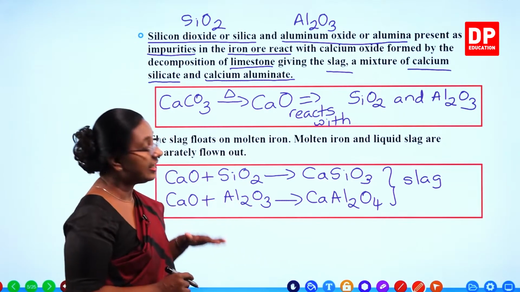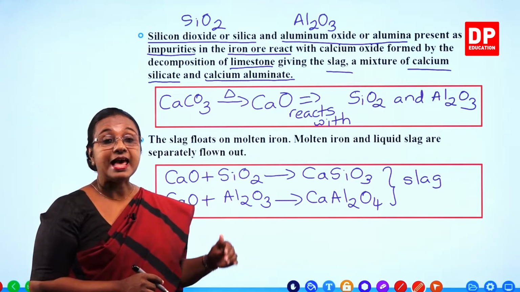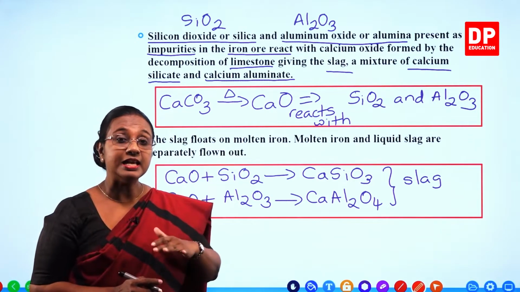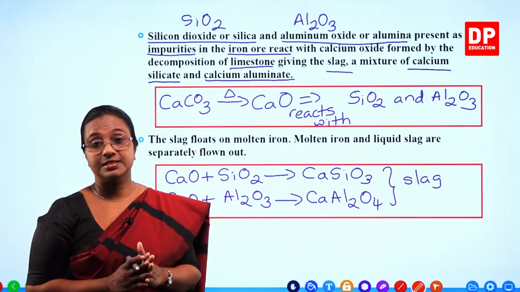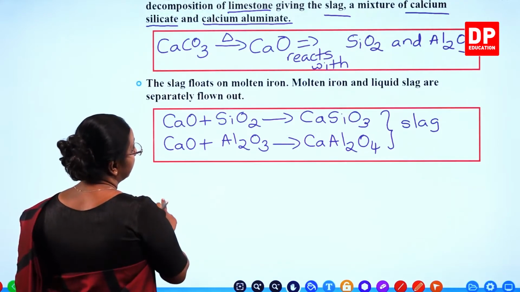And I have already explained the advantage of having slag. Slag prevents the reaction of molten iron or liquid iron with the impurities present inside the blast furnace. That is an advantage. So I will write that here as well.